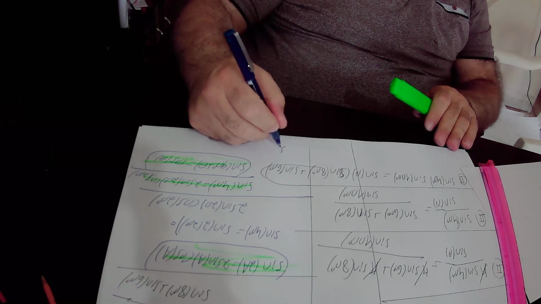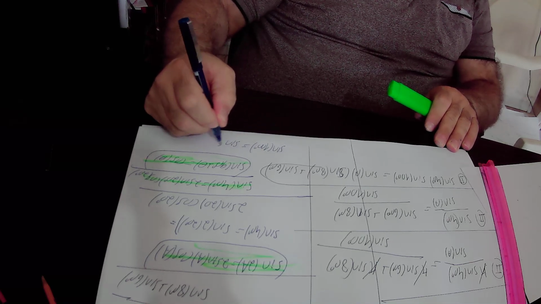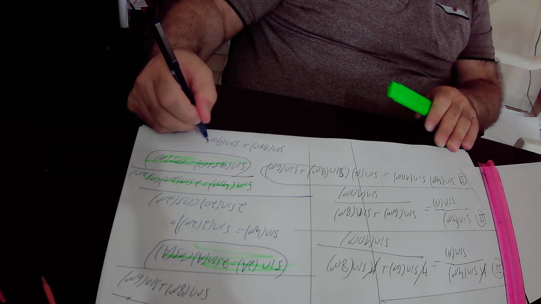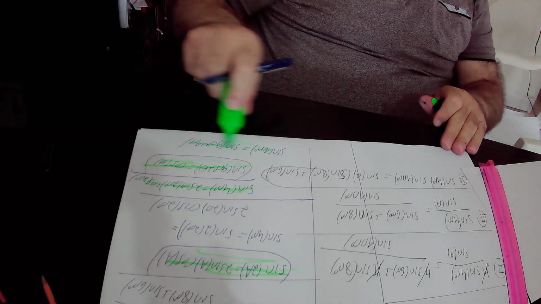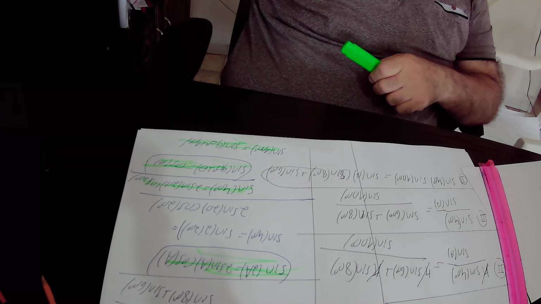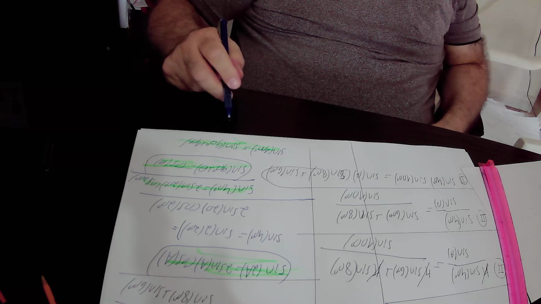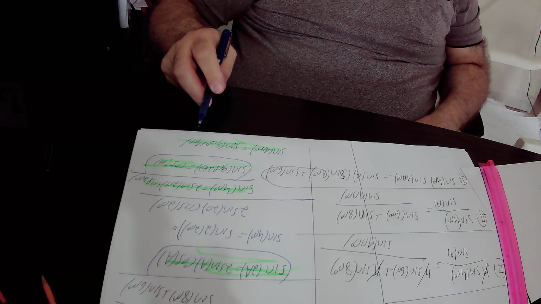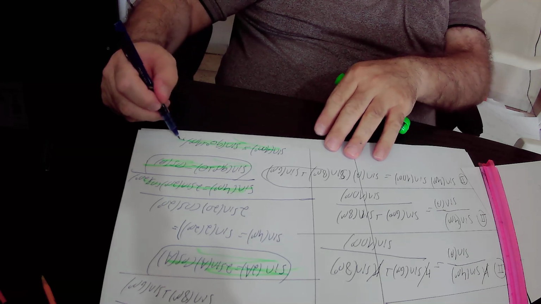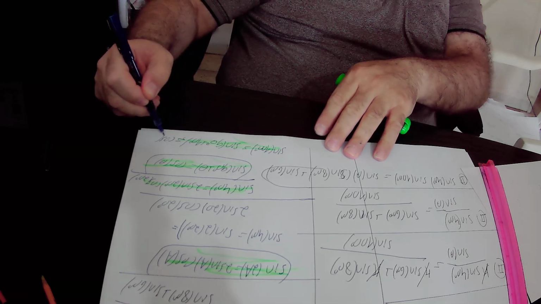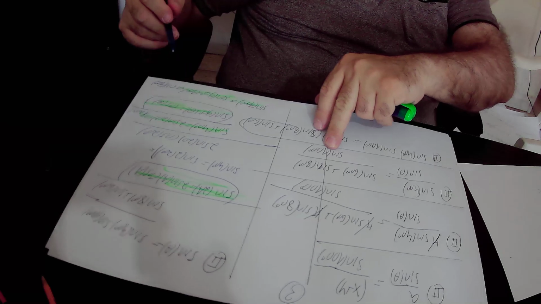Sine 100 degrees is equal to sine 90 degrees plus 10 degrees, and according to the identity, that will be equal to cosine 10 degrees. So in conclusion, we found that sine 100 degrees equals cosine 10 degrees.